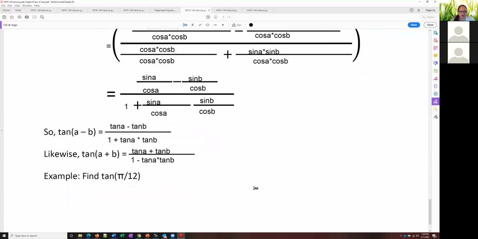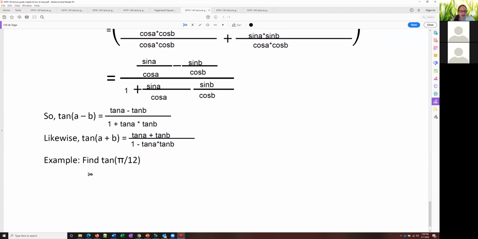Okay, now I'm going to try and figure out the tangent of pi over 12. So I think we might have done an example with pi over 12 in it yesterday. The pi over 12 is 4 pi over 12 minus 3 pi over 12. Right?